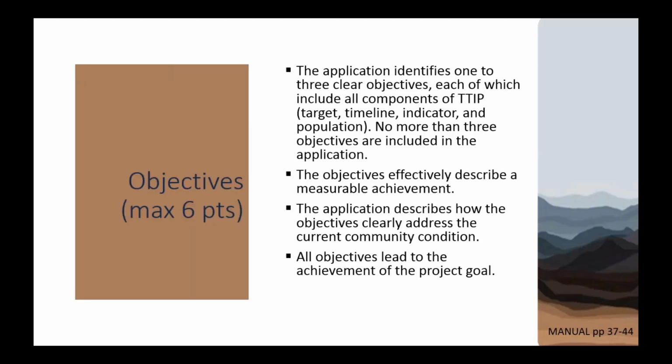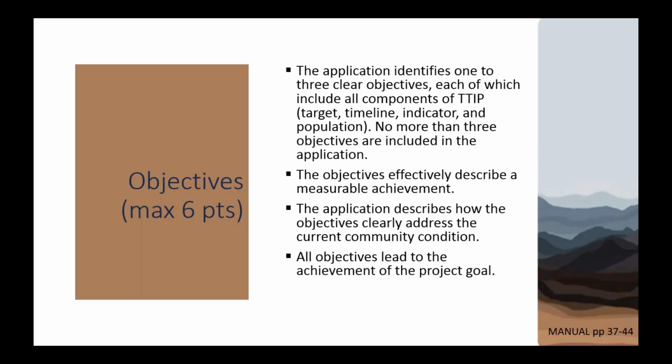All right, now we're going to get into objectives. The objective sub-criterion is worth a maximum of 6 points and can be found on page 37 of the training manual. Objectives are the building blocks of your application that need to be achieved to reach the project goal and improve the current community condition.